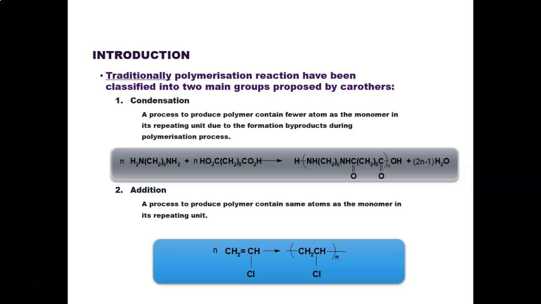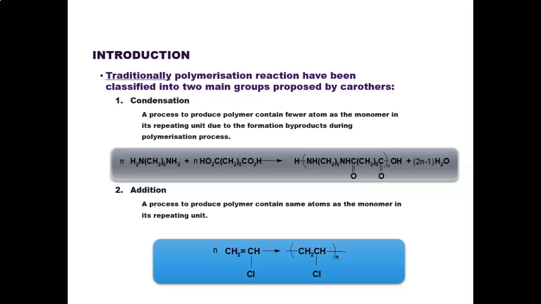So in this chapter, we will discuss the method to synthesize the polymer, which is a process used to convert monomer molecules into a polymer. So we call it polymerization. And the two most important groups are step growth and addition.